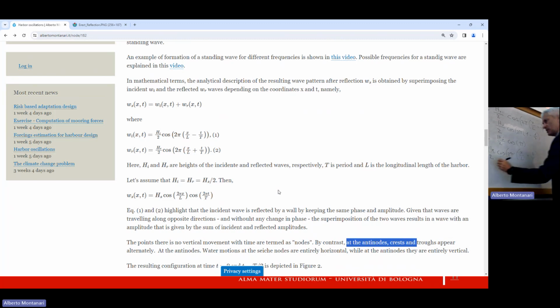W_R is equal to H_R divided by 2 cos of 2 pi, 1 again plus 1/2.